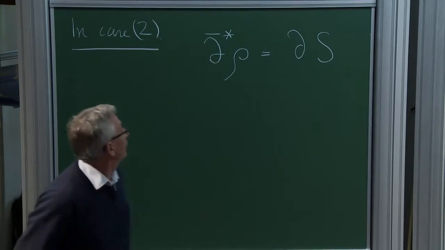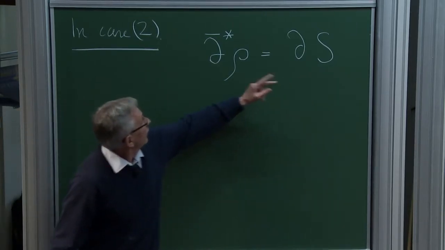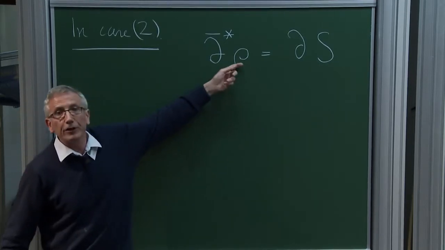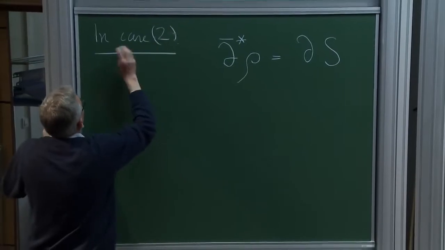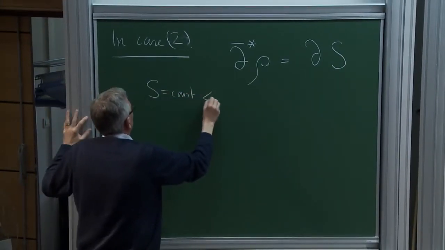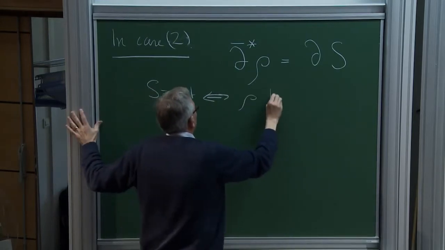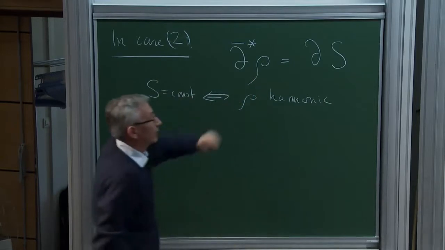So constant scalar curvature is always equivalent to saying that the Ricci form is a harmonic form. So s equals constant is equivalent to rho is harmonic. Well, that's always true, in whatever case.